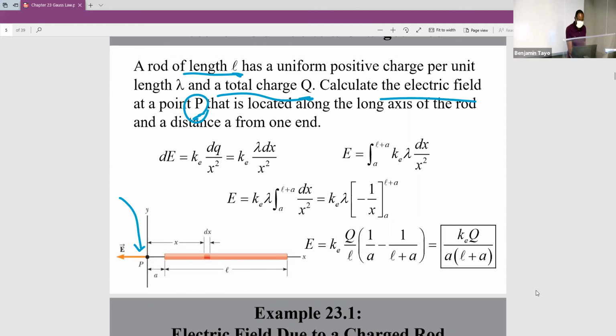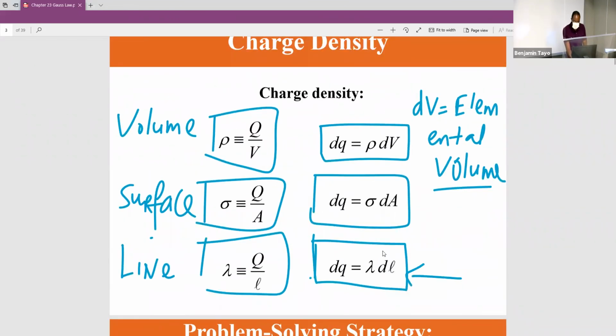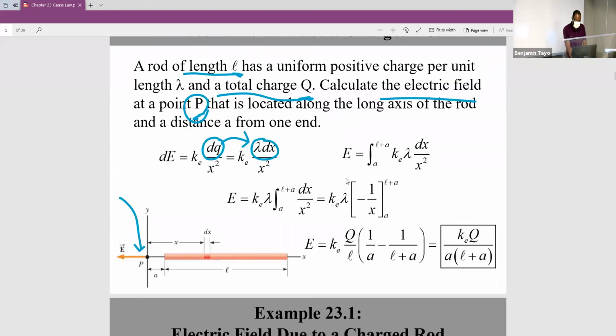Because this is just a line, when I calculate my dq, I write my dq as that. Again, I'm just going back to this picture here. If this is a line, I use this expression. If this is a surface, I use that. If it's a volume, I use this. So because this is a line, I use this expression to get my E. Now, the distance from this dx to the point P, I can call that x.